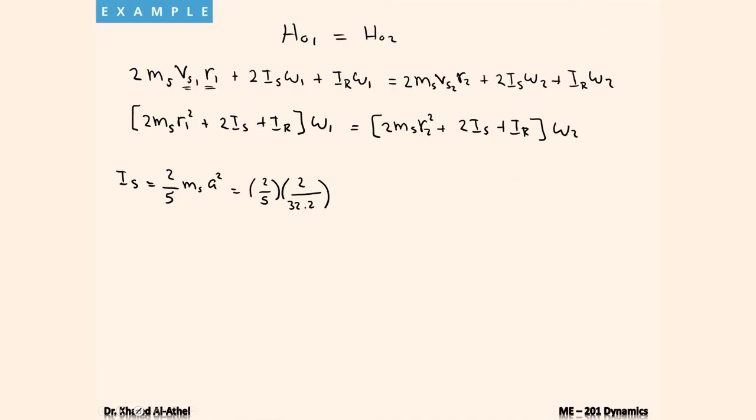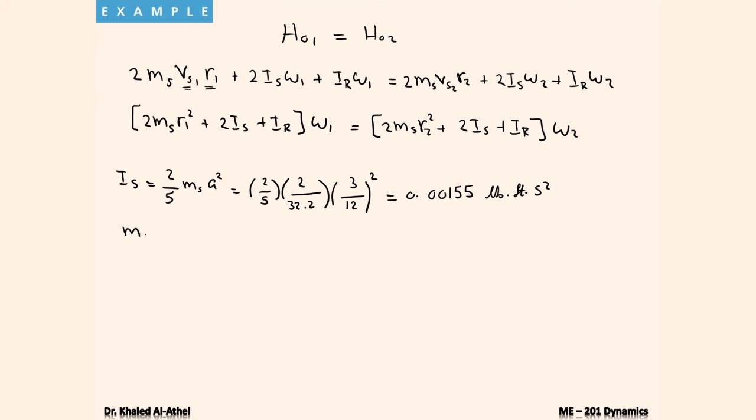Now, since I am writing things in terms of feet, it's going to be 3 over 12 because 1 foot equals 12 inch. Therefore, 3 inch divided by 12 will give me the number in feet. And this should equal, this is squared, and this will give you a value of 0.00155 pound foot second square.